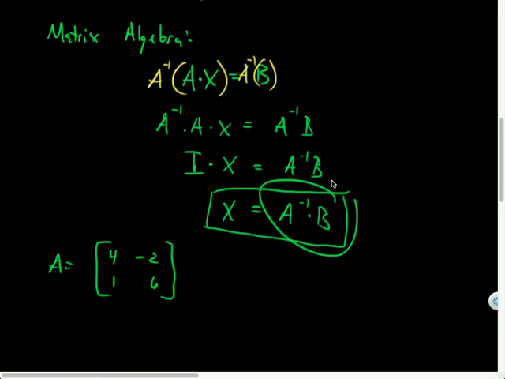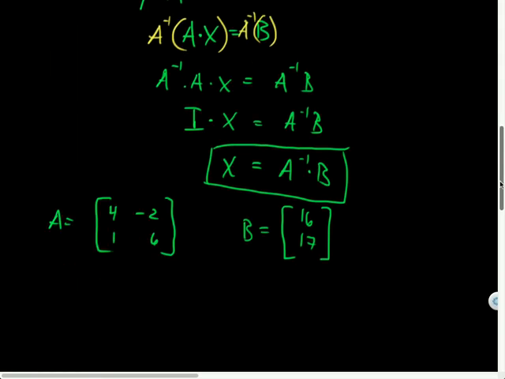So in order to calculate this, what things do I want to find out? I know that this is a 2 by 2. I know matrix B already. What other information do I want to know? Yeah, let's find A inverse. How do I find A inverse?